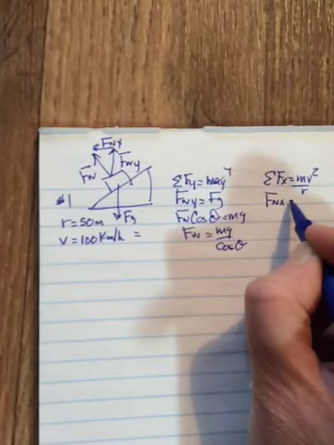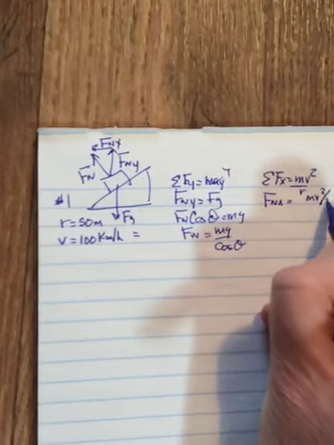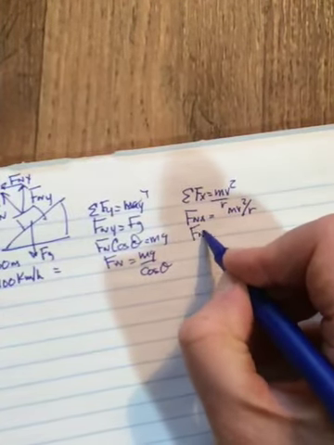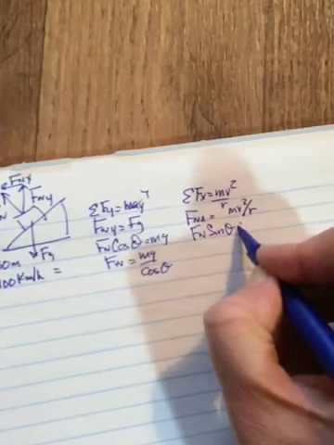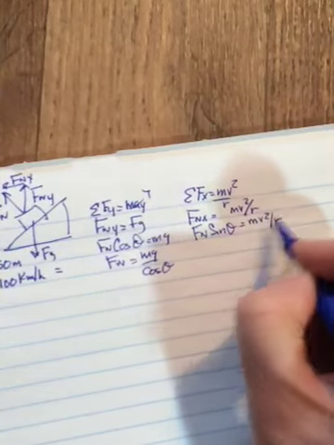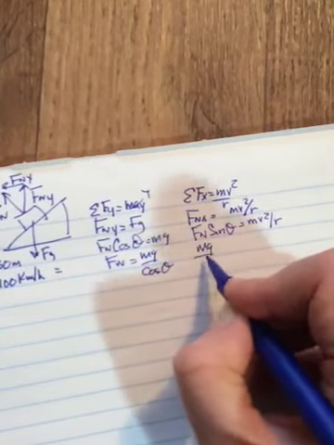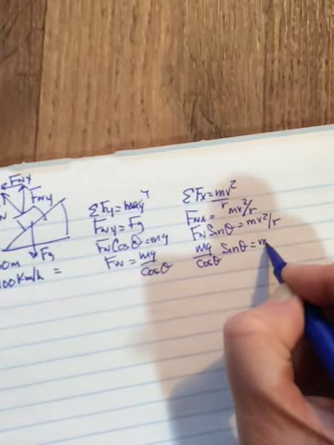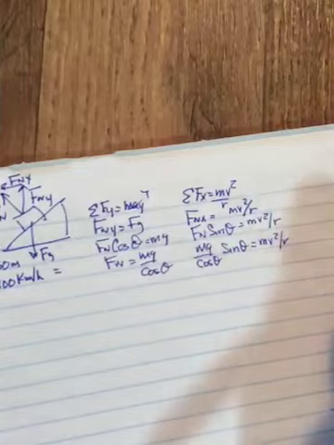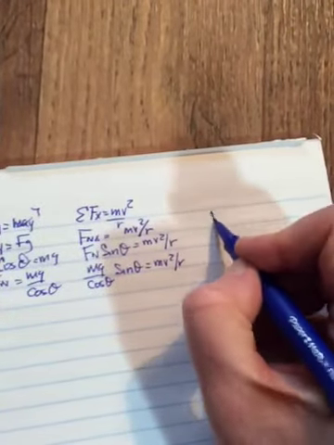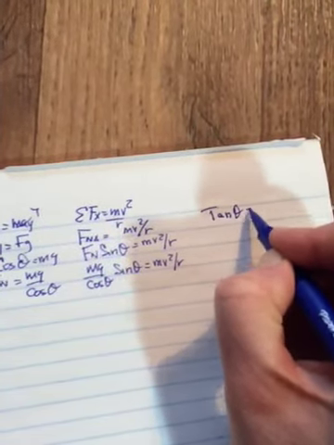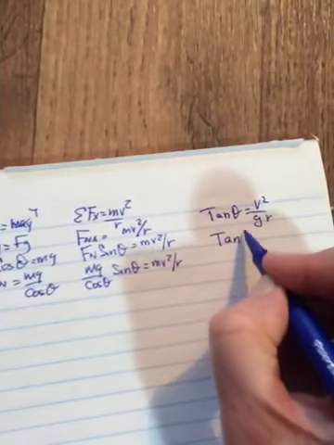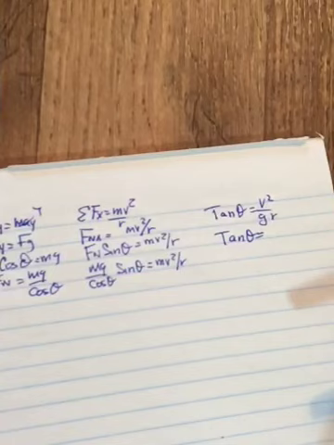So F_nx equals mv squared over r. So F_n sine theta equals mv squared over r. So mg over cos theta times sine theta equals mv squared over r. We get tan theta as the m cancels, divide by the g. Tan theta equals v squared over gr. This should be getting easy by now.